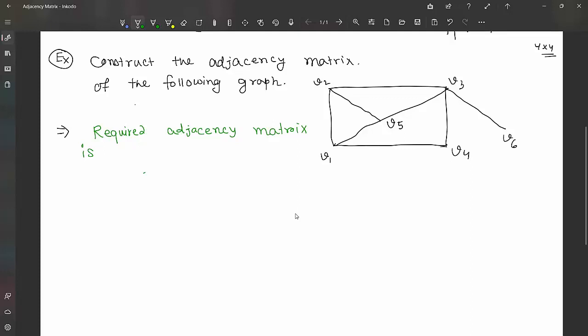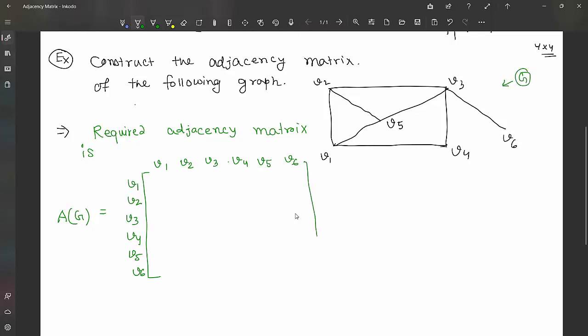So we take here V1, V2 in the column and also in the row. We will take the vertices V1, V2, V3, V4, V5 and V6, and here also in the row we will take V1, V2, V3, V4, V5 and V6, and this is the adjacency matrix of the graph G. G is that graph actually.